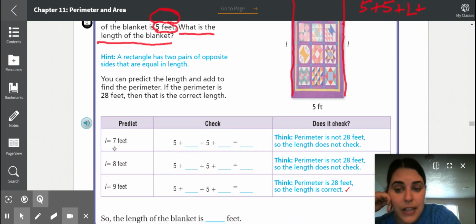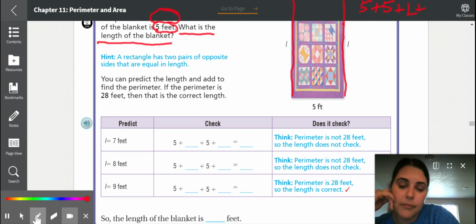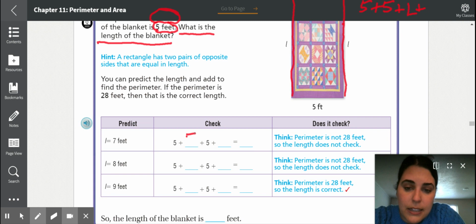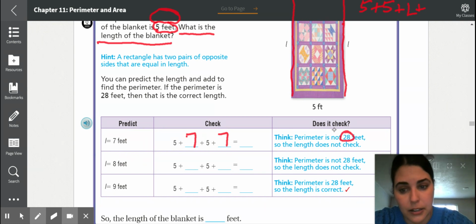So let's try first with 7 feet. Is 5 plus 7 plus 5 plus 7 going to equal 28? Remember, 28 needs to be the answer.